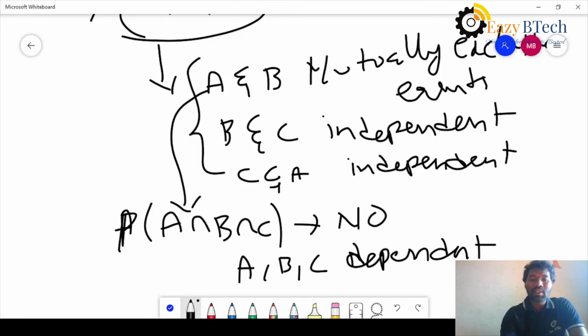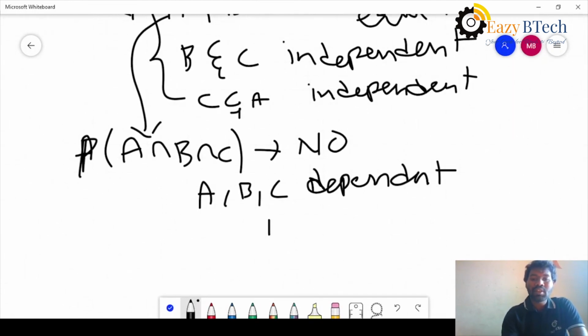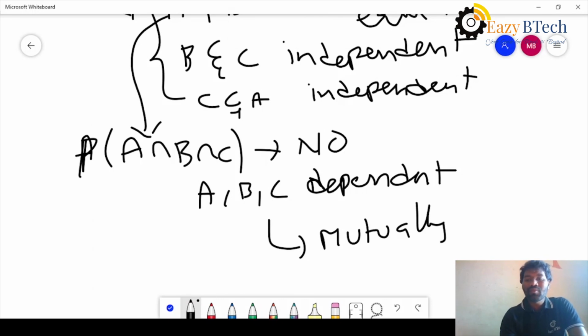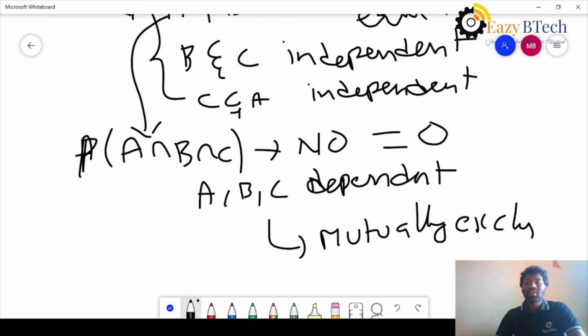Or else you can say that A, B, C are mutually exclusive events also. Why? Because the probability P of A intersection B intersection C is equal to 0. So combinedly you can find out the independence for multiple events also. So here it is mutually exclusive. This is the way you have to calculate the independence of events.